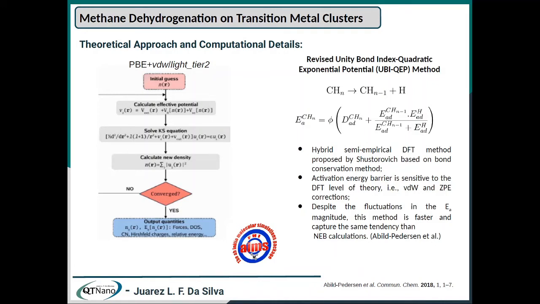However, despite the fluctuations between the different methods that we can use, this method is faster. It can capture the same tendencies as NEB calculations, string calculations, and so on. Recently, this method was also revised by Abild-Pedersen in 2018.